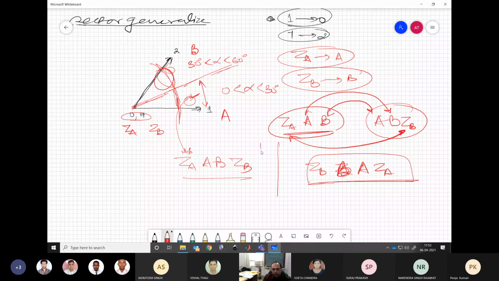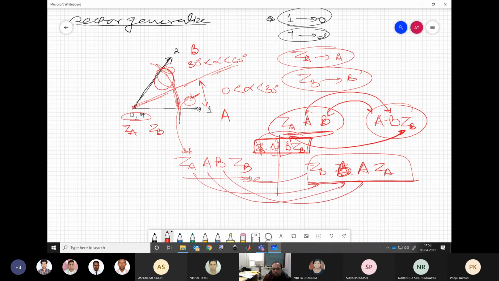So if any sample is coming in between, that will also be symmetrically allocated. On one side you have ZAA, on this side you have BZB. So you see that symmetry is maintained everywhere. Getting my point?